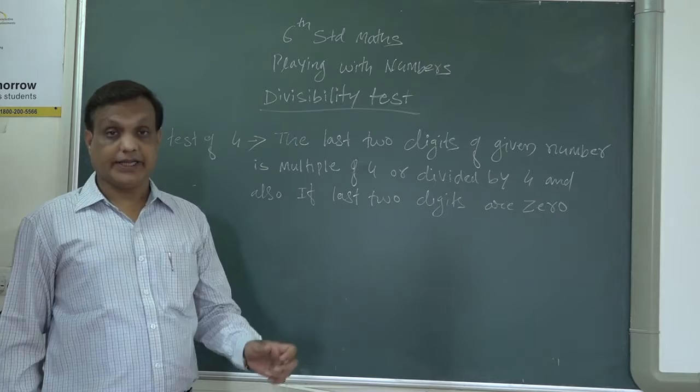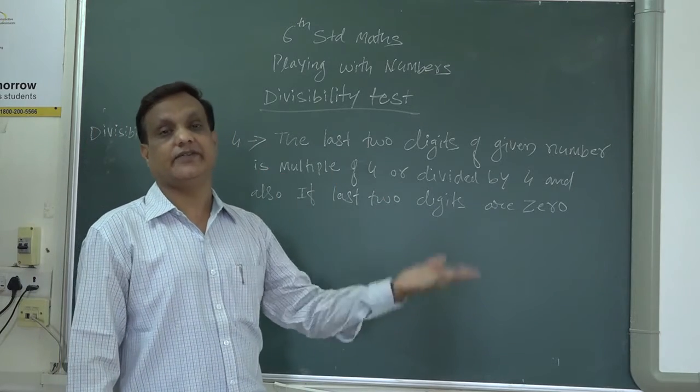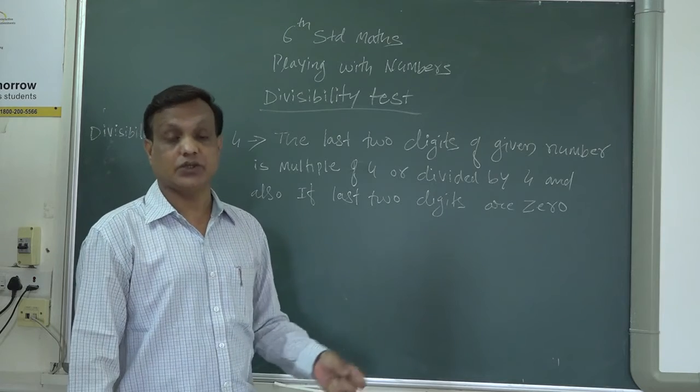It means if any number is given, you have to see the last two digits, the tens and ones place. Last two digits you have to see.